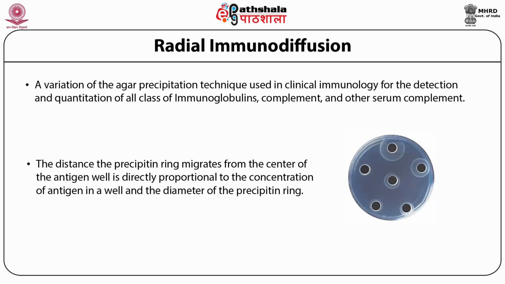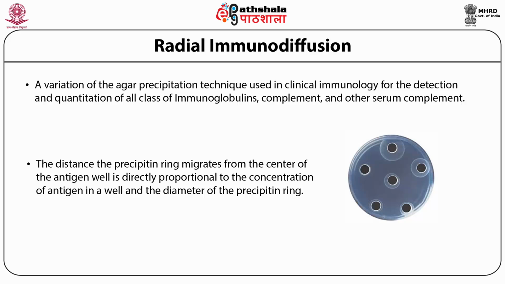Depending upon the concentration of the antigen, you get a radial diffusion curve. And you can draw a standard curve using different concentrations of the antigen. The diameter inside the well is directly proportional to the concentration of the antigen.